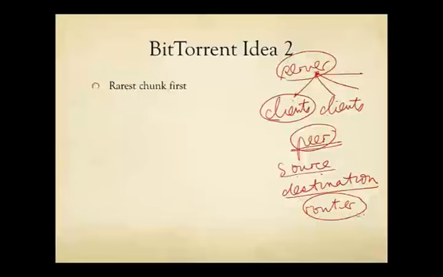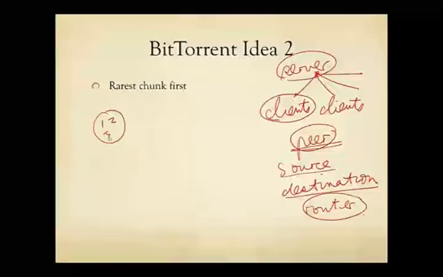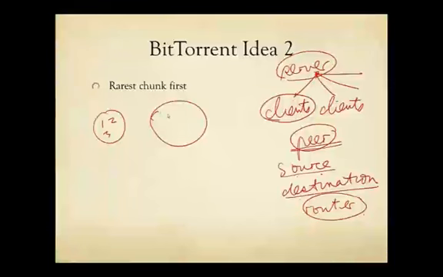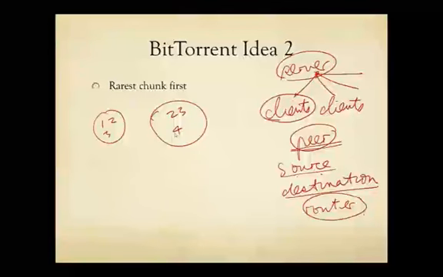All right, so now I have to think about how do I share different chunks. For example, if one peer says I got chunks 1, 2, 3, another says I got chunks 2, 3, 4, another says I got chunks 1, 2, 4, and then I say I got chunks 2, 3, 5.